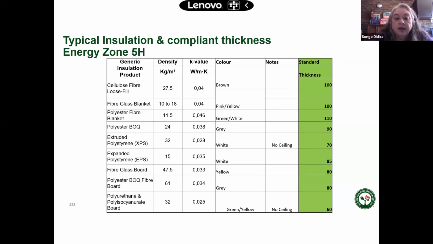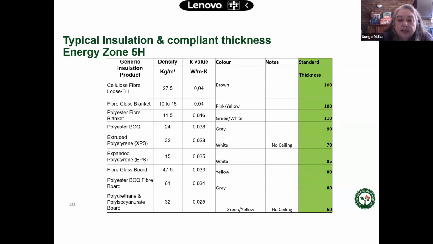K value is the thermal conductivity. So it ranges from the cellulose fiber and the fiberglass blanket having a thermal conductivity of 0.04 to the polyester blanket having a thermal conductivity of 0.046. Now remember, the lower the thermal conductivity, the better the insulation.